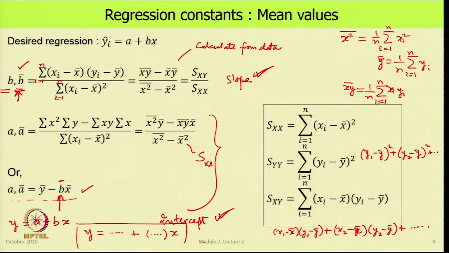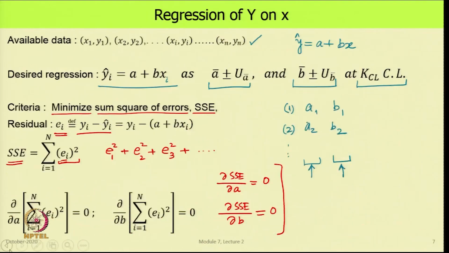What we saw is that because all these came from different experiments, from the third experiment we had a3, b3 and so on, we got n pairs, or you can say n values of a, which are a1, a2, a3, ... a n, and n values of b.